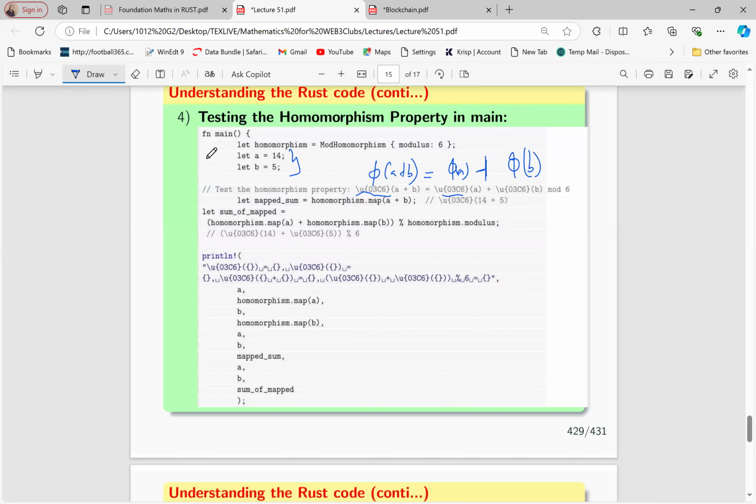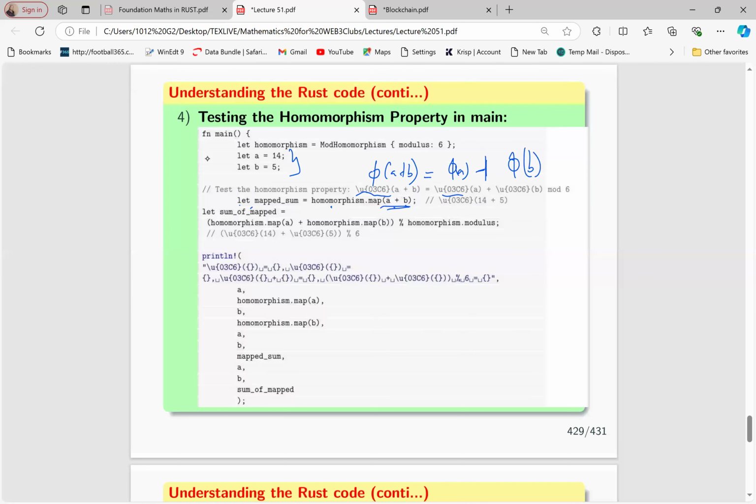Now, that is what we've just done. And this part says let mapped sum be the homomorphism of a plus b. This is the left-hand side.